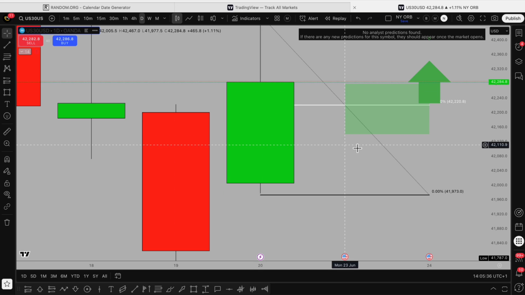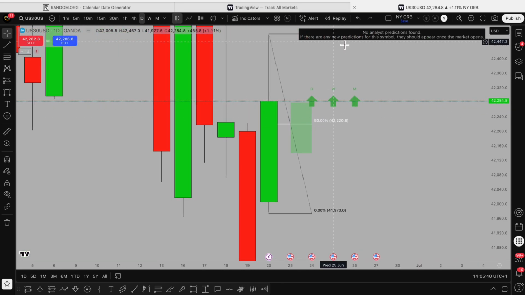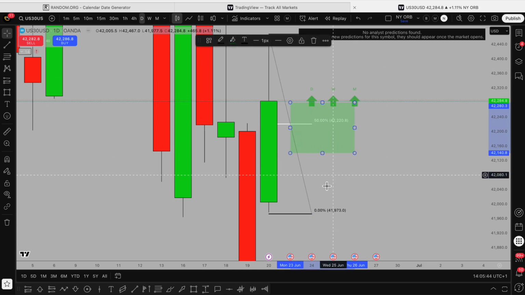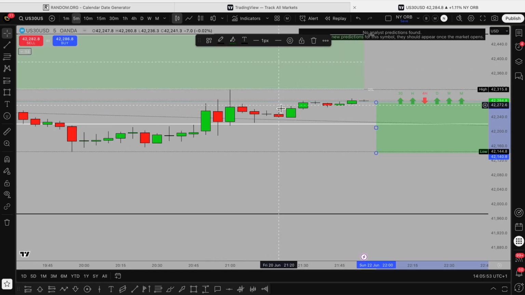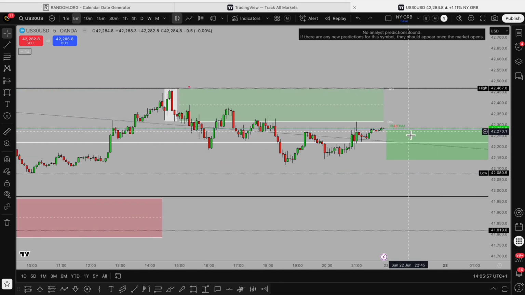So we'll come back to our normal candles here, and we can see we've got our value area drawn out, and we have our high, low and midpoint drawn out. So next thing, we're going to drop to the lower time frames. Let's go to the 5-minute time frame, and we'll just realign some things.